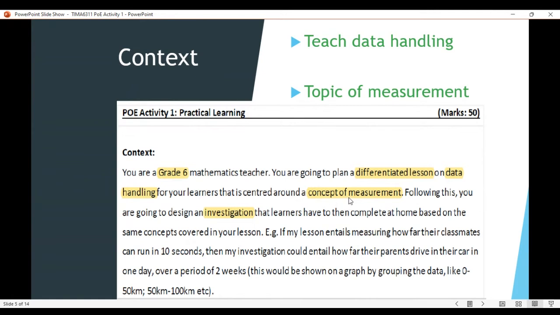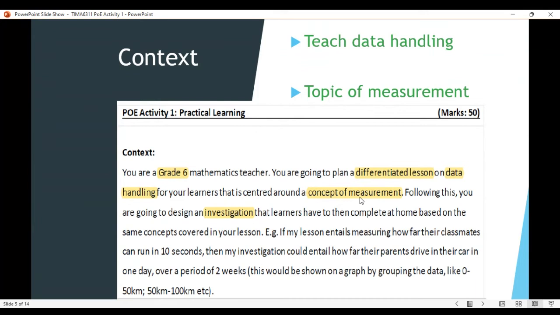So you are going to choose a concept of measurement, for instance, length or volume or perimeter or time or temperature or mass, to gather your data from.